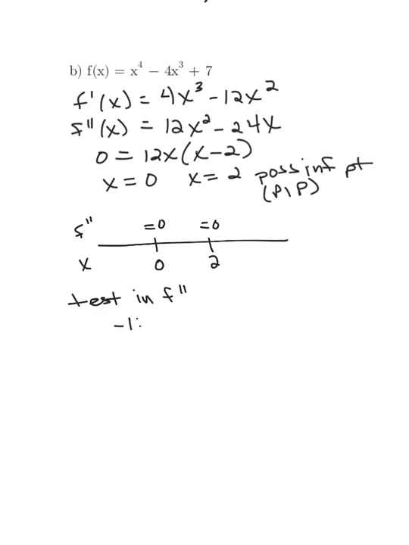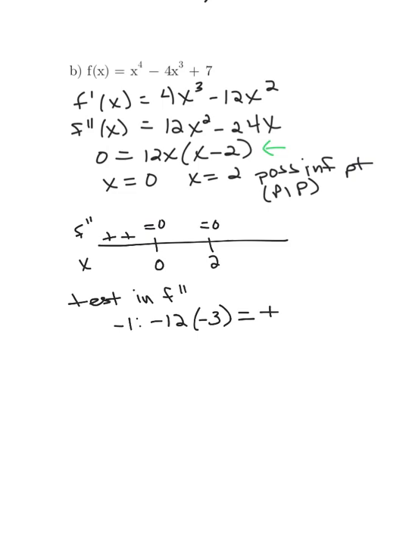If I put negative 1 into the second derivative, and I am going to use the factored version of it, I would get negative 12 times negative 3. And what I want to know is, what sign is that? Positive. So all the numbers on the left of 0 would be positive.